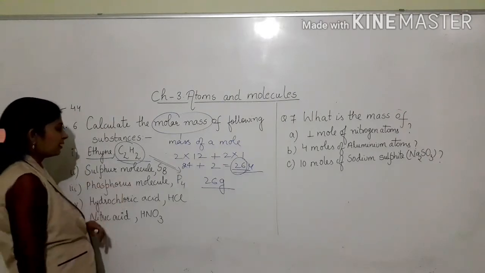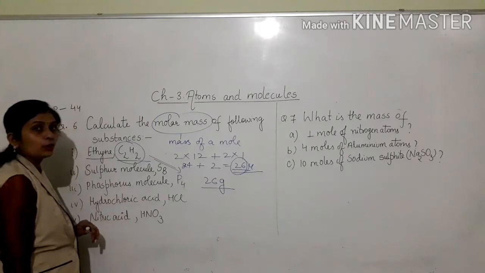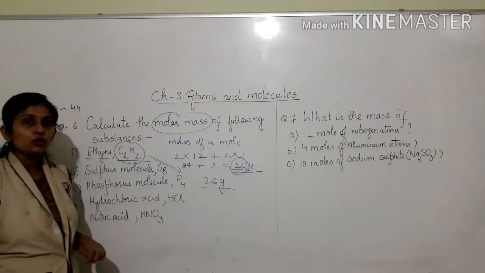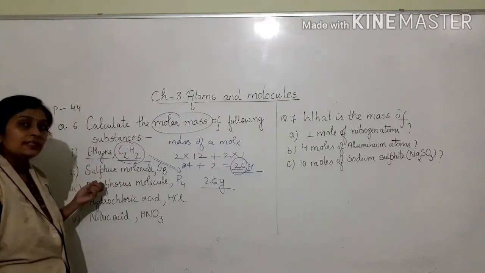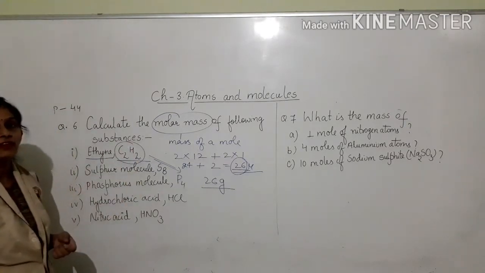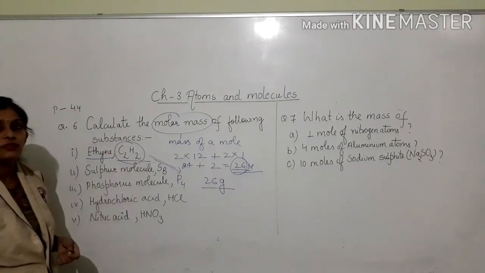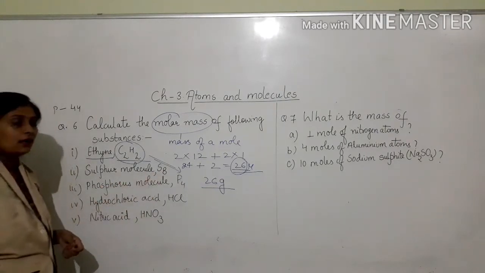Now the second part. We have to calculate the molar mass of the sulfur molecule S8. Here also a mole of sulfur molecules is given, meaning a mole of molecules is given. So first of all, we will calculate its molecular mass.